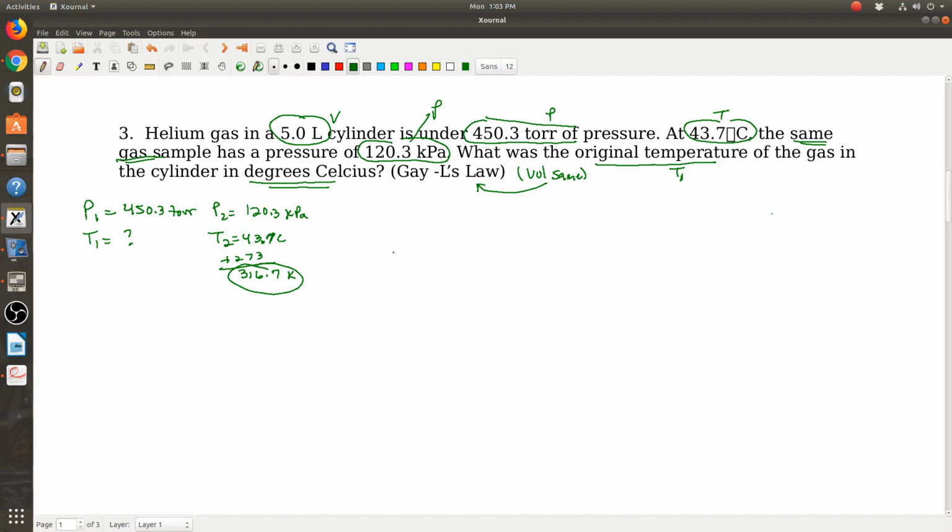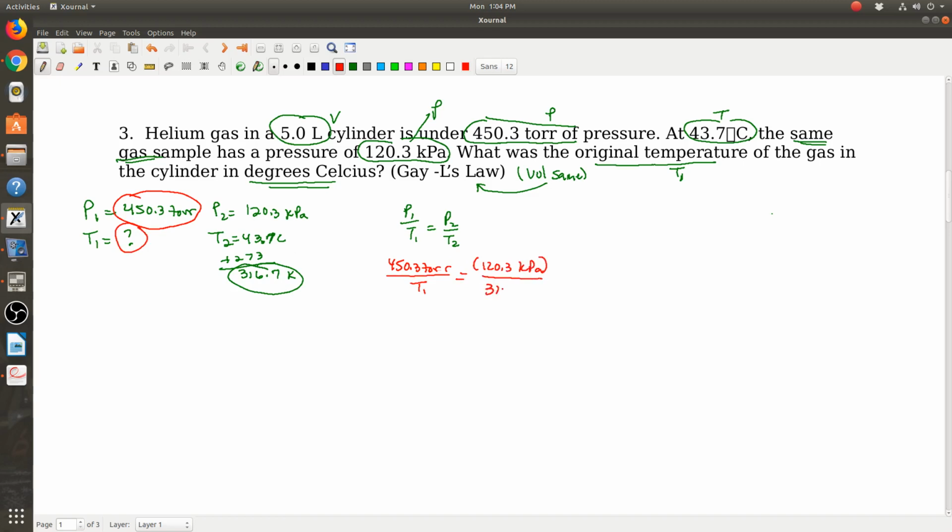All right, now we can solve P1 over T1 is P2 over T2. Remember, you have to write the formula because that's a point. We put the values in. P1 is 450.3 torr. T1 is my unknown. P2 is 120.3 kilopascals.